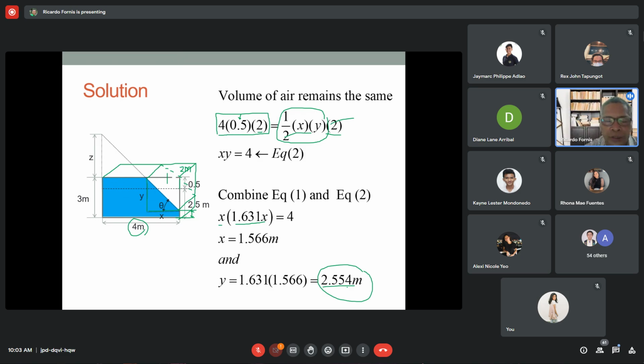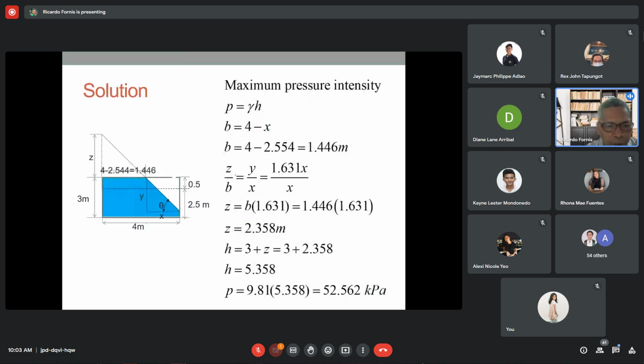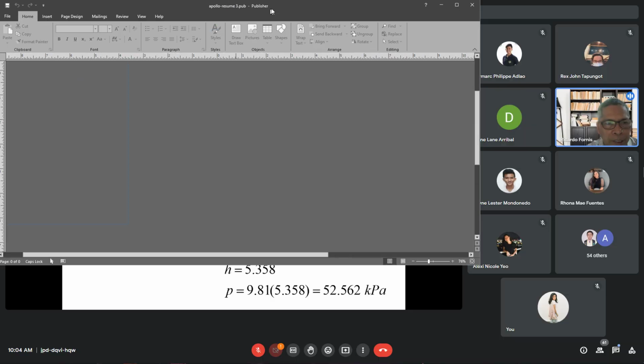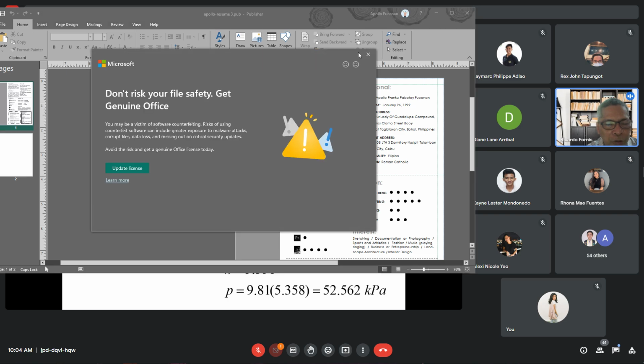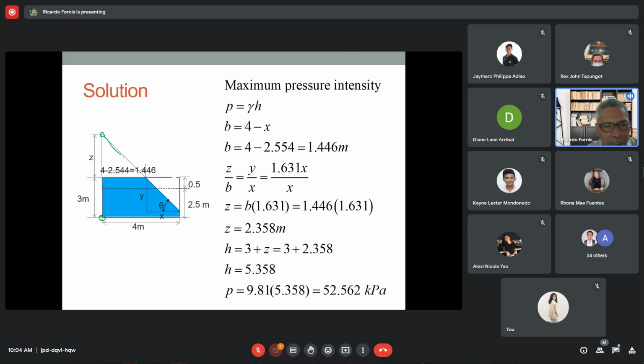So for the pressure intensity, if we consider this portion here, this is the point of maximum pressure. This is the point of zero pressure, and this is the line indicating zero pressure.